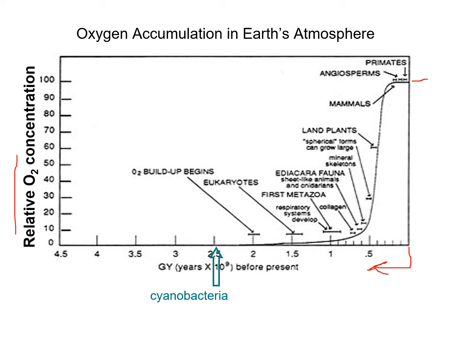So slowly over evolutionary timescales, those cyanobacteria started to produce oxygen, and you see oxygen starting to build up a teeny little bit here. And then by contrast, a lot more recently, we had the evolution of the eukaryotes.